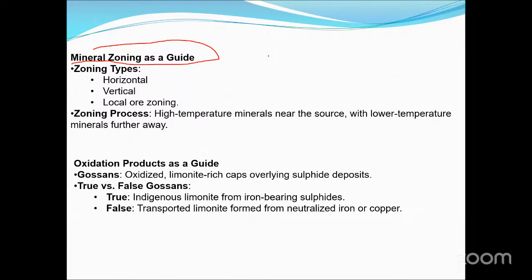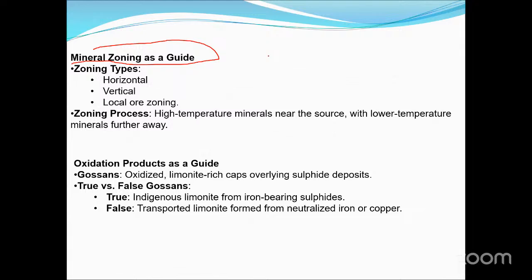In mineralogical zoning as a guide, we will discuss the zoning types, which are three, and the zoning process. So the types are three: horizontal, vertical, and local zoning.